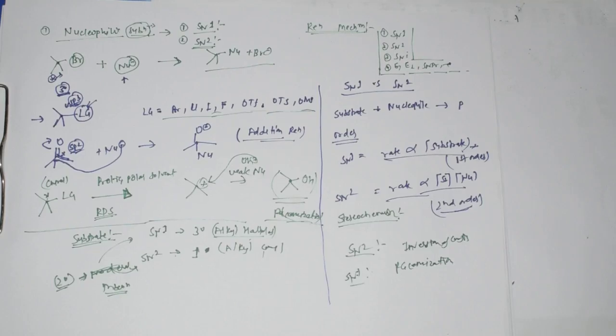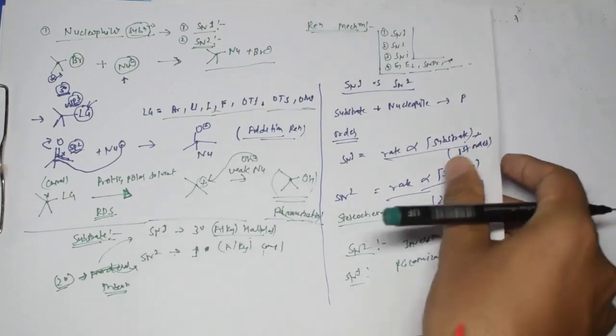So this is the basic thing regarding SN1 and SN2, and here we discussed the choices of the substrate and the stereochemistry. This is just the basic one, so let's know something more about all these topics whatever we are discussing right now.